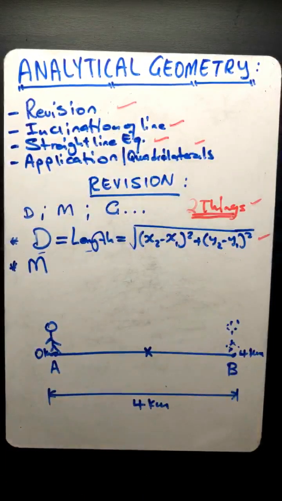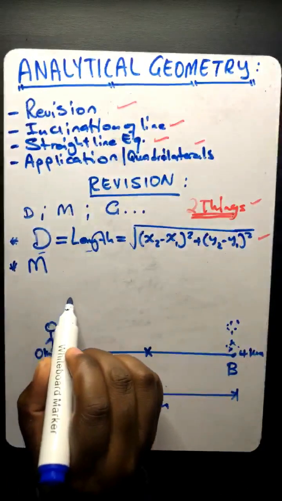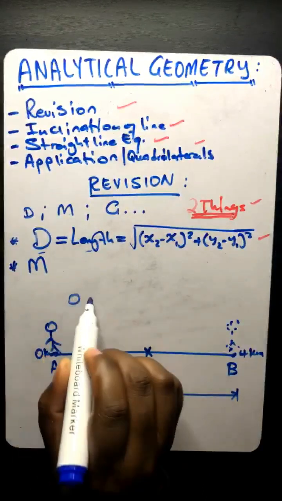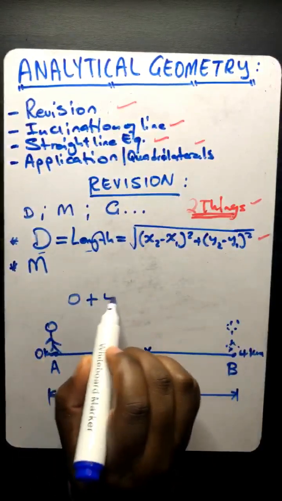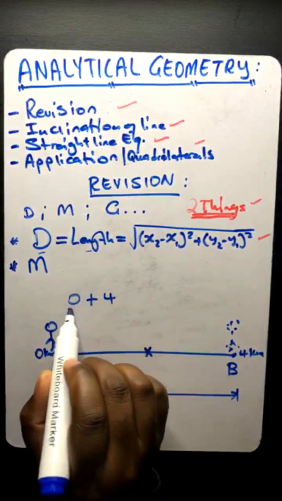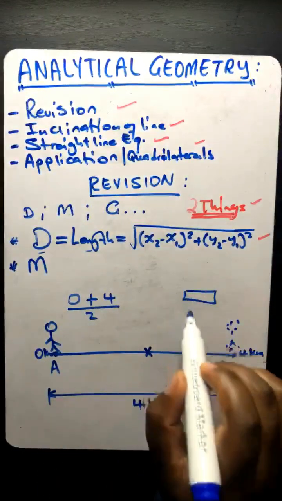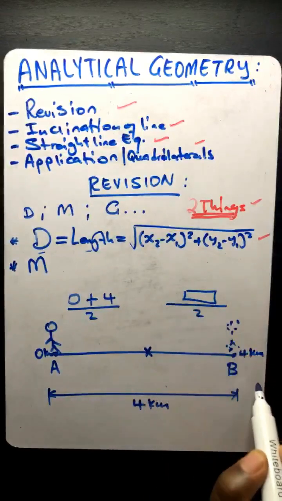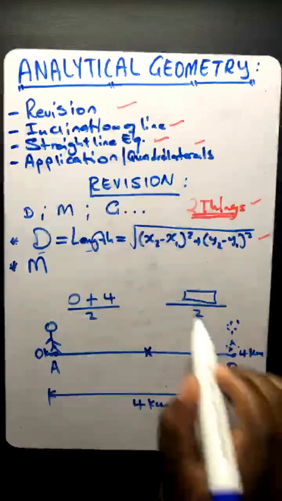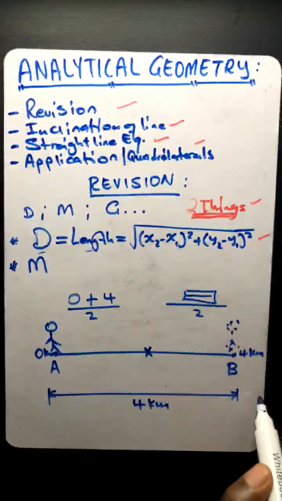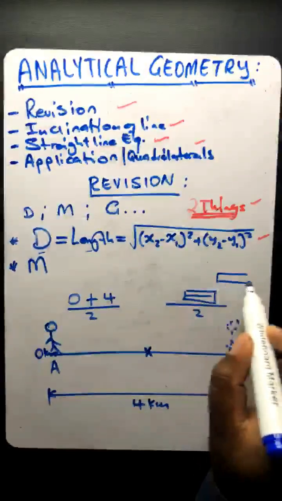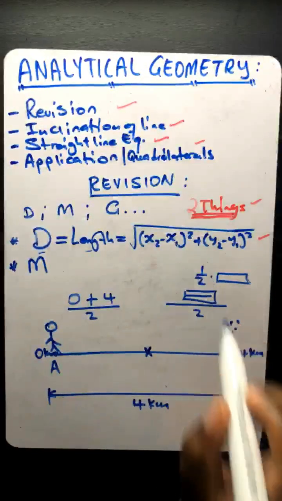But mathematically, how do you calculate that? You say the starting point plus the end point. Remember, the moment you divide by 2, you are getting a half of whatever it is.